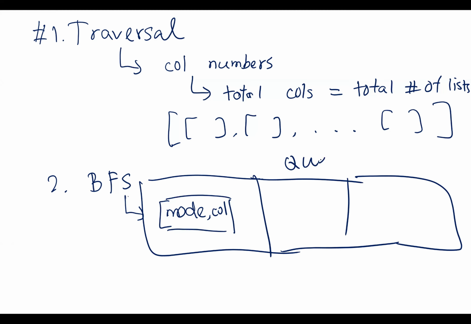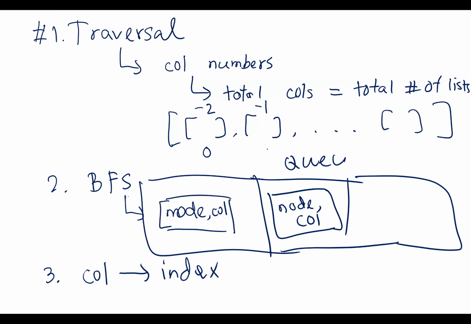So this was the queue. I put different nodes with column values into the queue, and then I took one out and did a conversion. This was step three, the column to index conversion.